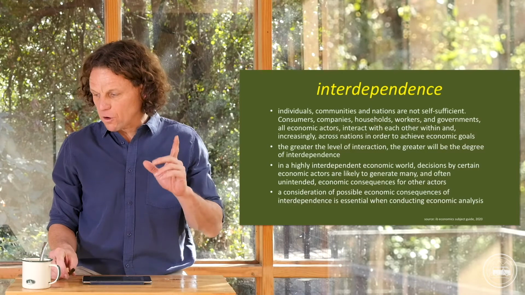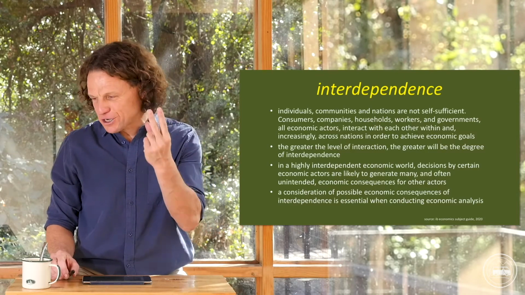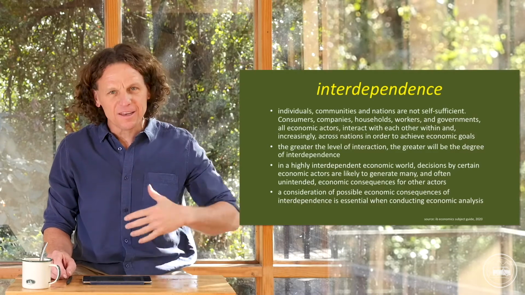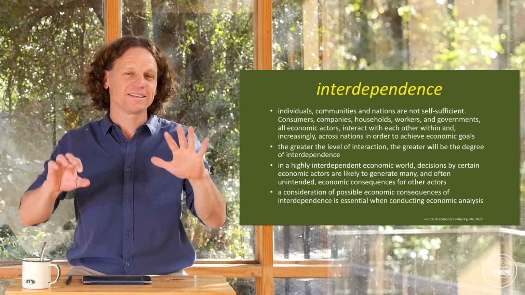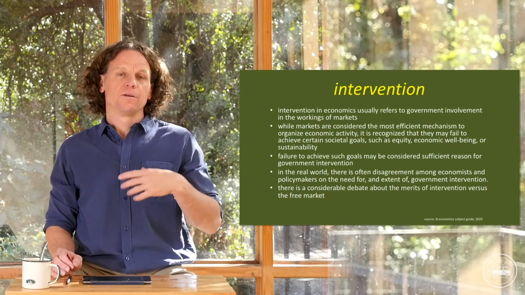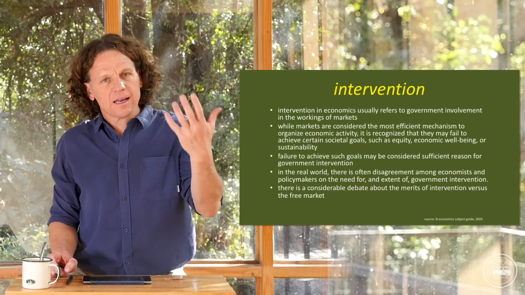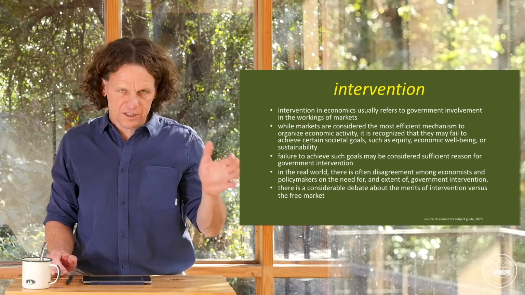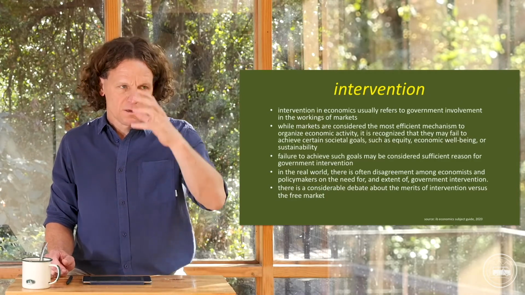Okay, so that is scarcity, choice, efficiency, equity, economic well-being, sustainability, change, interdependence. That's 8. One more, and it is intervention. In economics, when someone's talking about intervening, they're almost talking about the government intervening. Get this in your head.